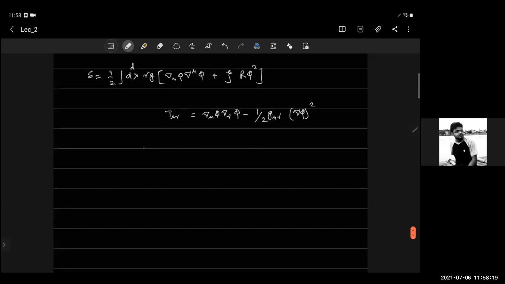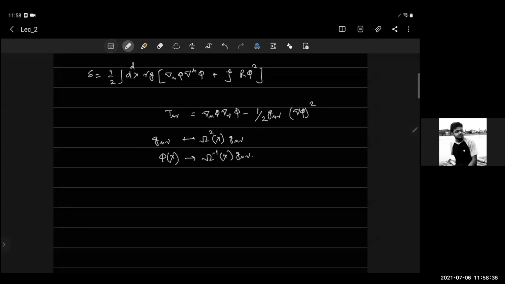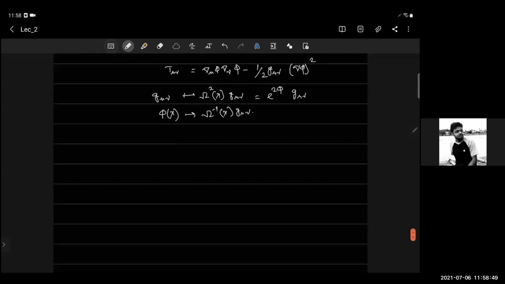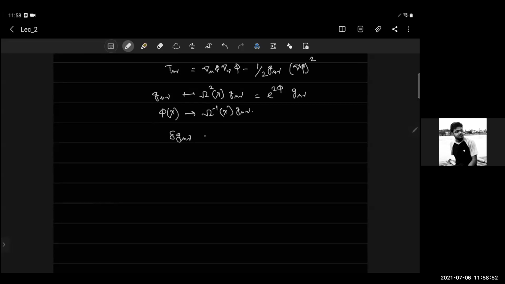The Weyl invariance is defined as g mu nu goes to omega squared, a function of x, times g mu nu. Therefore, you write omega squared as exponential of 2 phi, so omega is exponential phi. Therefore, delta g mu nu is written as 2 phi g mu nu, because if you expand the exponential of 2 phi it is 1 plus 2 phi.